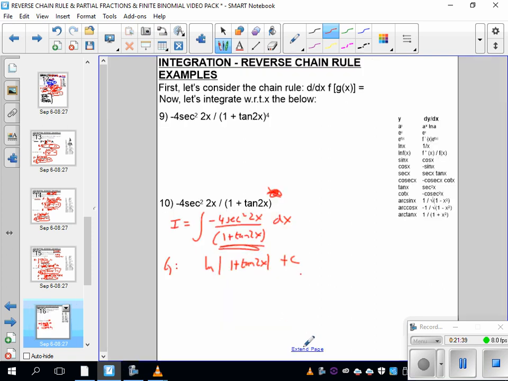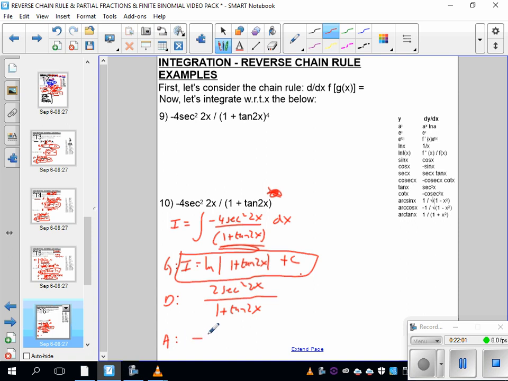You're so close to finishing this now. You just need to differentiate it to see if it works. So ln function goes function on the bottom, derivative of function on the top. So do I have 2 sec squared 2x on the top? No, I have minus 4. So I need to times my answer by minus 2 to make this work.